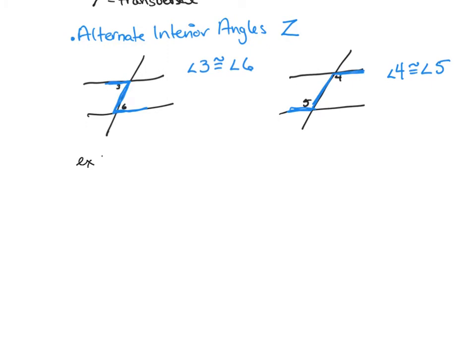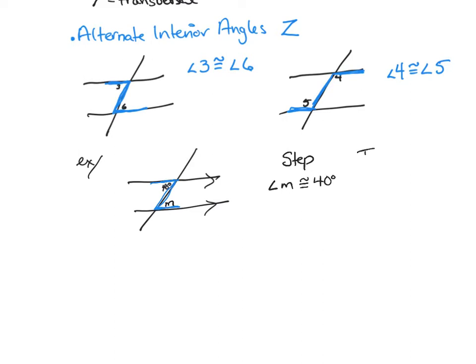So, for example, if we had a situation where we knew that these were parallel lines and this was a transversal and this was 40 degrees, and we were looking for angle M, then we could say, here's the Z, which means that angle M is congruent to 40 degrees.